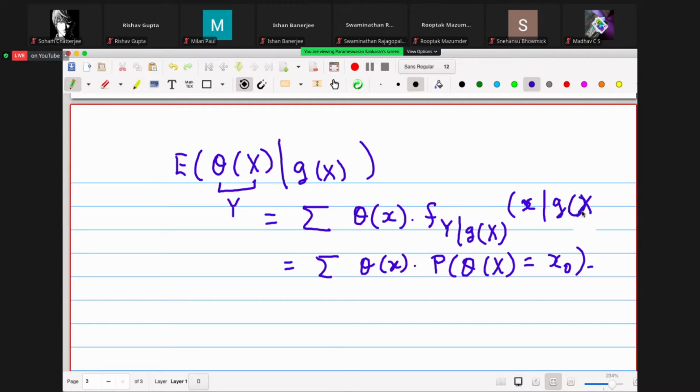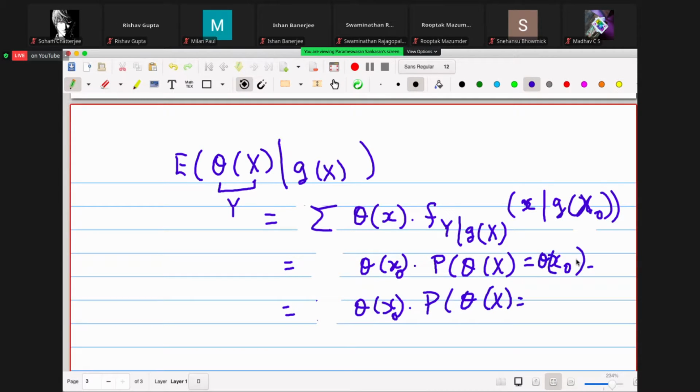So g of x naught, and that is theta of x. So here also it is x naught. There is no sum now after this, because it assumes just one single value, and that's all you have. If you write a sum here, it doesn't really matter. So whatever it is, some value, theta of x naught. It doesn't matter.